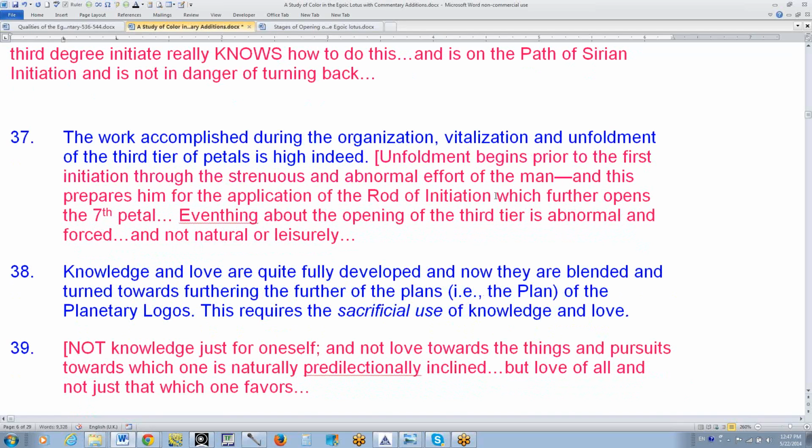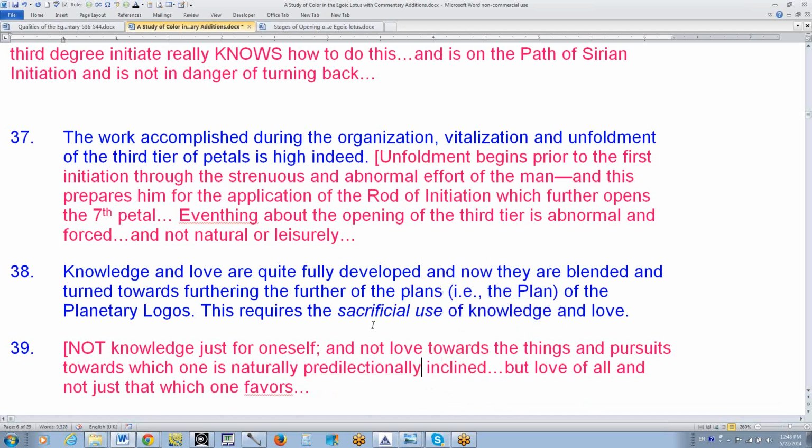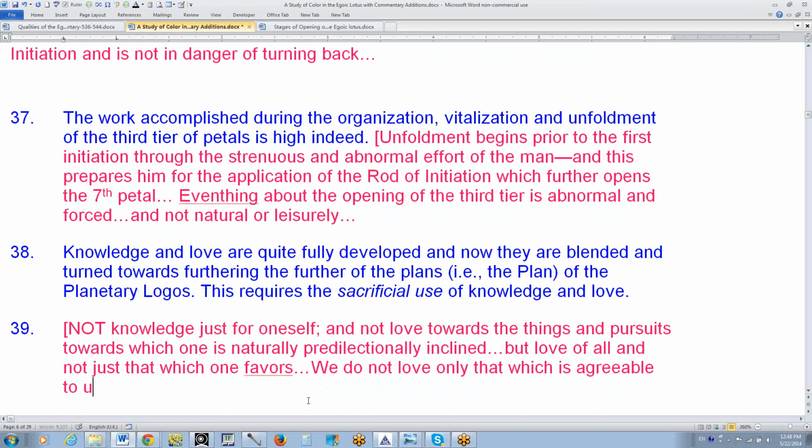One has to, predilectionally, now there's a word, put it in as if it were a word. Now, we're not just moving towards what is agreeable to us. We do not love only that which is agreeable to us.